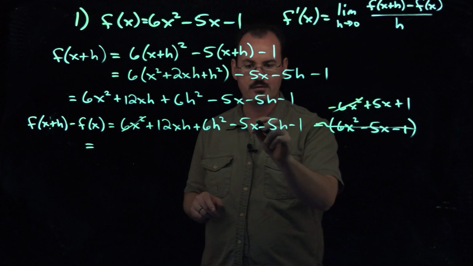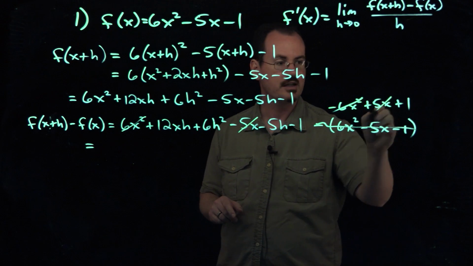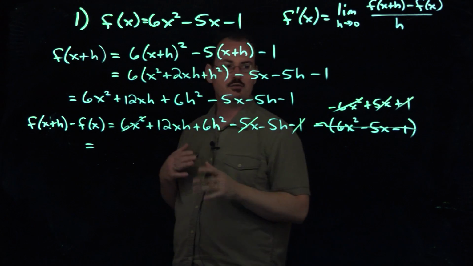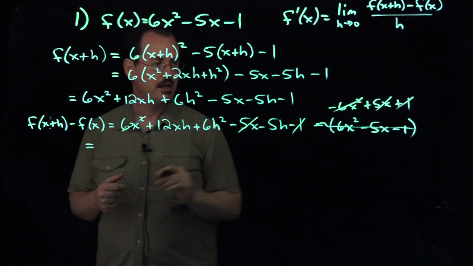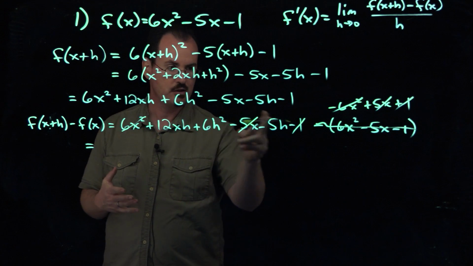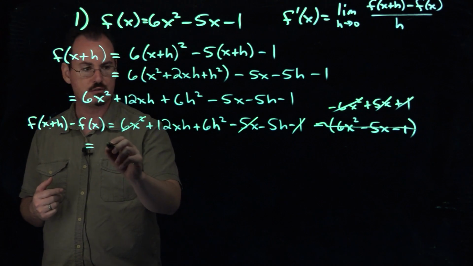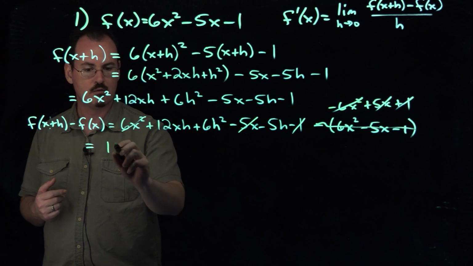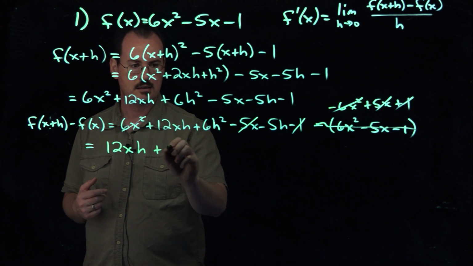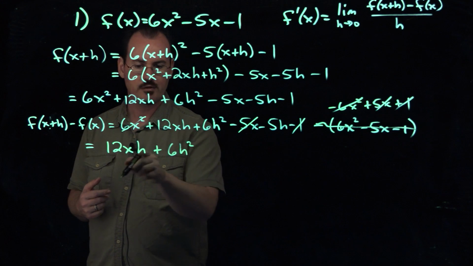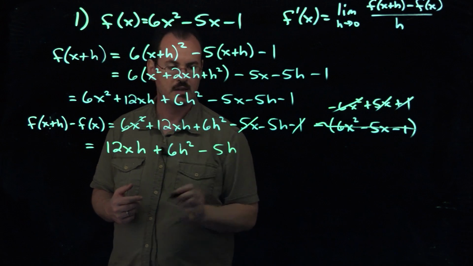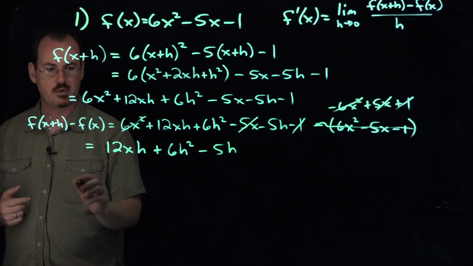We have a minus 5x here, and a plus 5x here. We have a minus 1 here, and a plus 1 here. And if you're doing this right, this is what should happen. You should have a whole lot of terms cancel. In fact, the only terms that don't cancel are the terms that have the h's in them. So we should expect to see that kind of thing when we're doing this. So fully simplified, we're going to get 12xh plus 6h squared, and then we have that minus 5h still. Okay, so that is f of x plus h minus f of x.